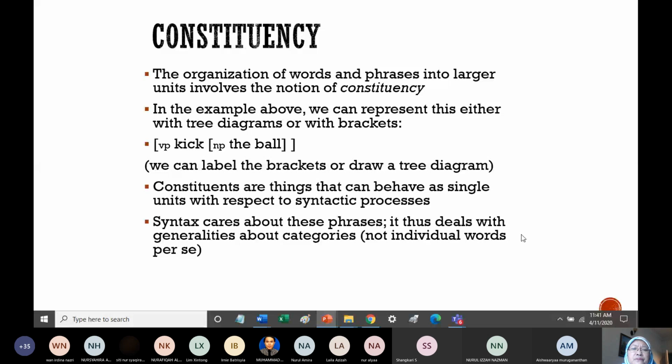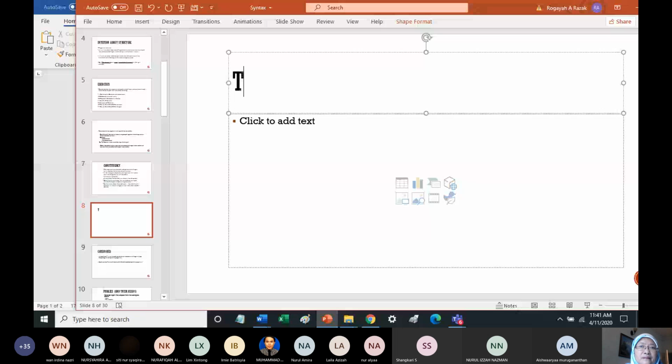Okay, I want to draw, so if we say just now, kick the ball. Remember in the last lecture, I drew a tree diagram for a word.